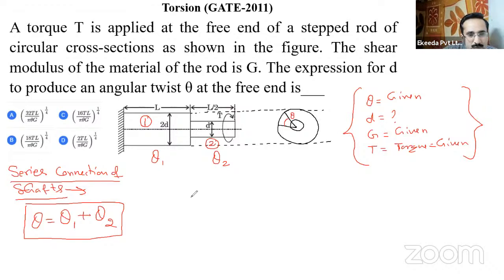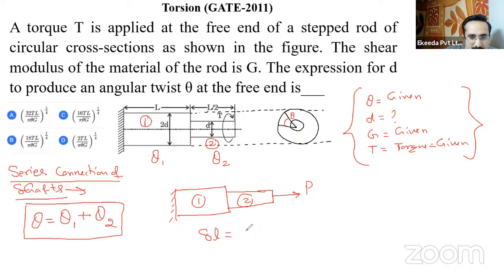So this is similar to two bars connected in series connection and a load P applied. In this case, the total deflection will be equal to delta L1 plus delta L2, right?